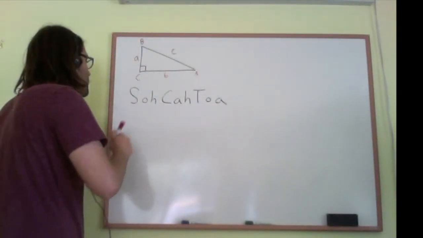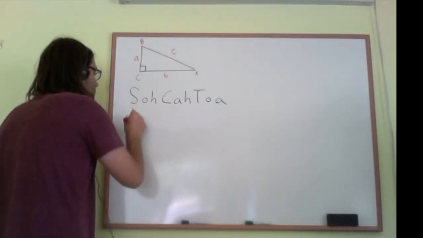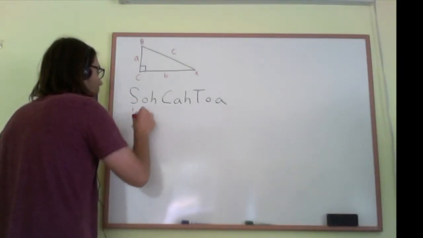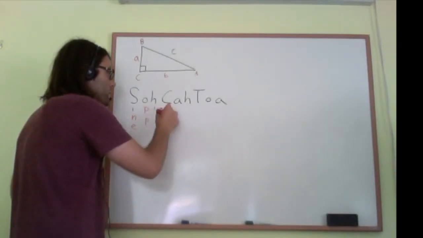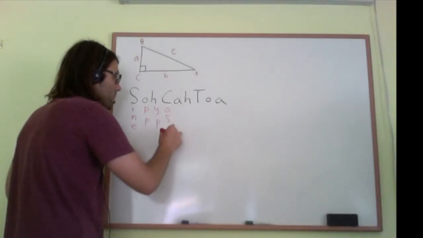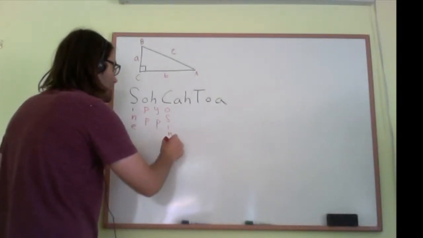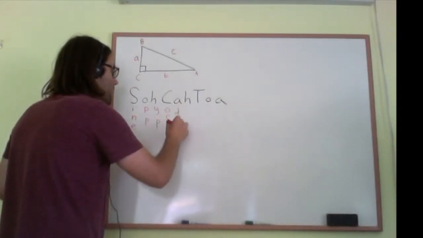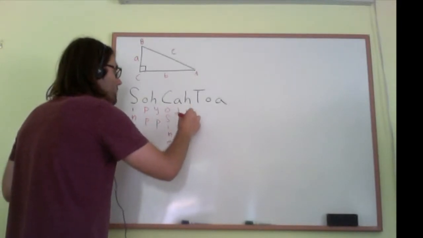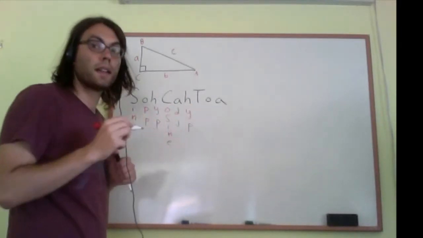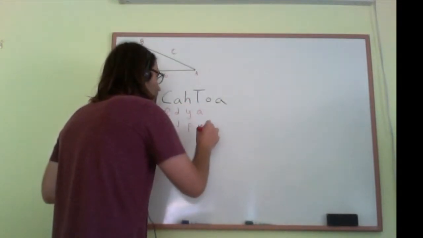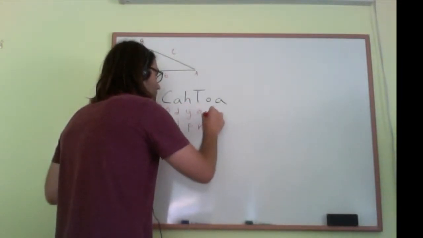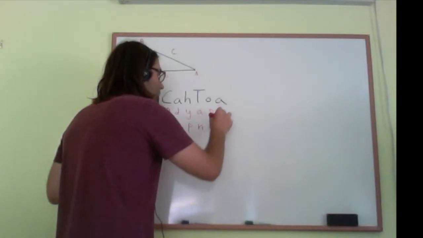All right, so this means sine is opposite over hypotenuse. Cosine is adjacent over hypotenuse. And tangent is opposite over adjacent.